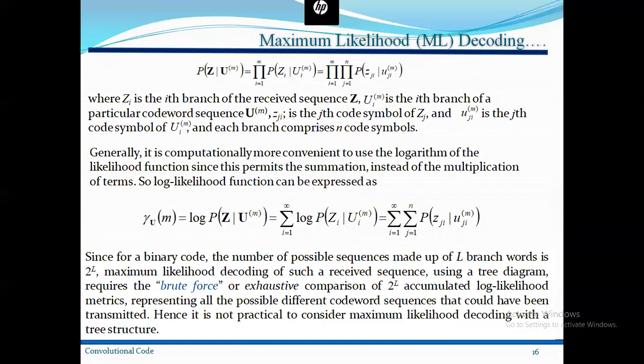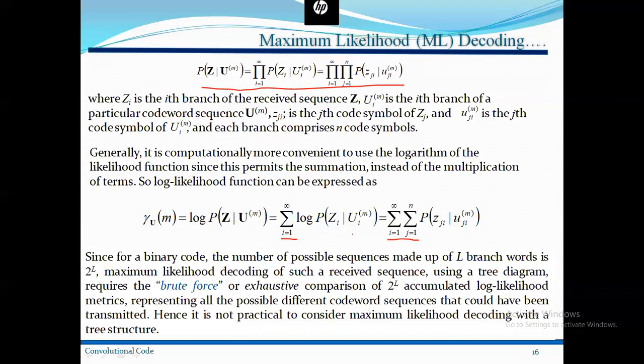By taking the log of this function, we can transform the product into a summation, which is easier. And this is called the log likelihood function.